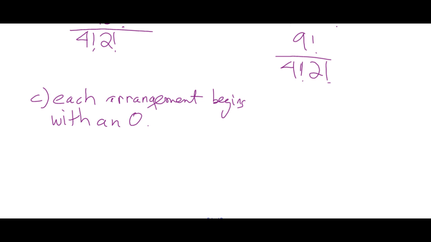N-O. Yeah. What it says. Each arrangement begins with an O. Okay, so what is it? What's the strategy? Take out an O. So 9 factorial. Then there's 9 letters left. Over what? There are now 3 O's remaining, so there are 3 repeating letters, right? And 2 N's. So 9 factorial over 3 factorial, 2 factorial.